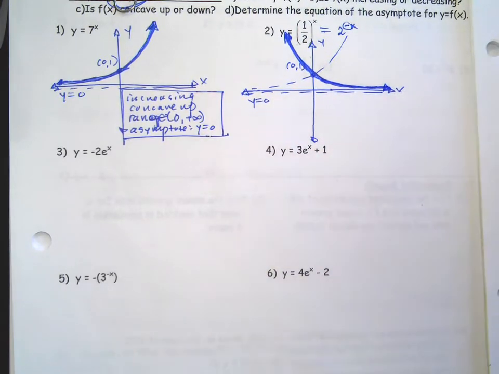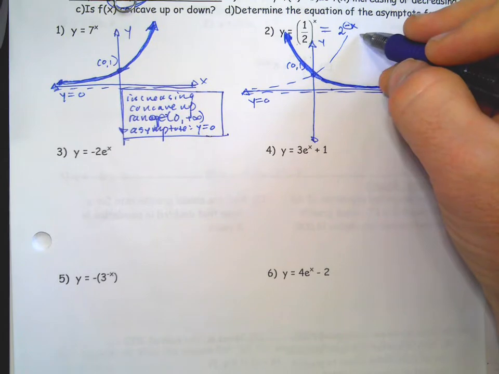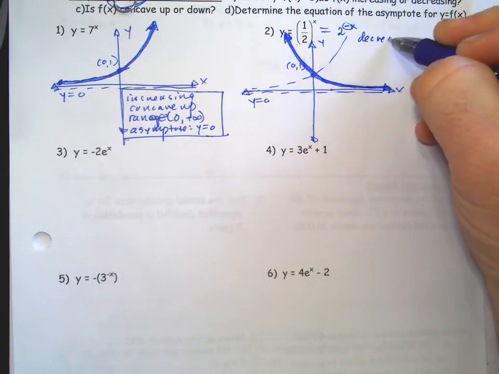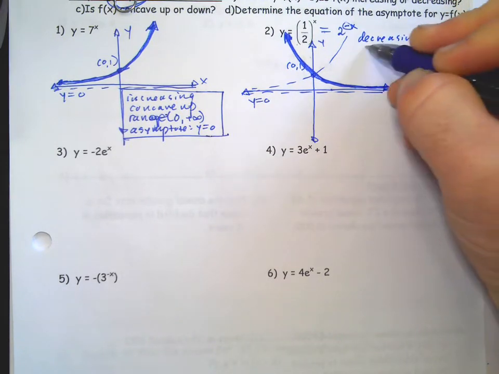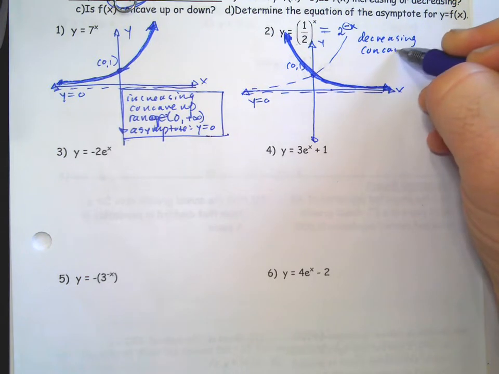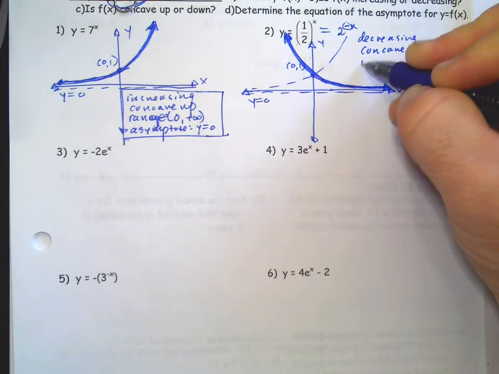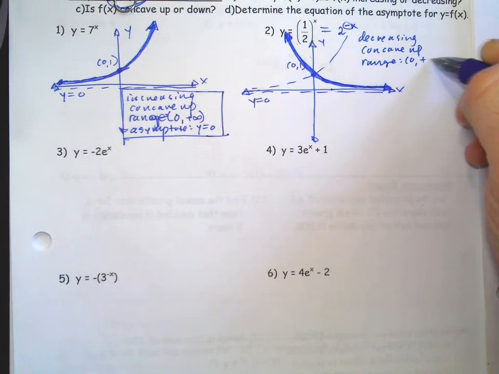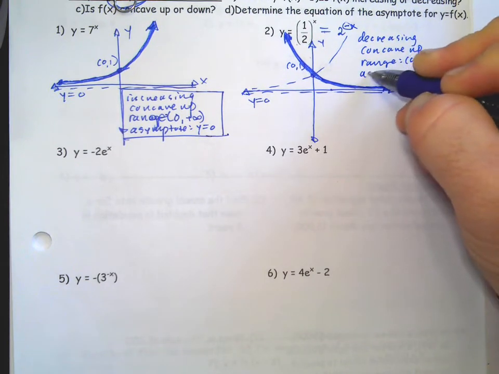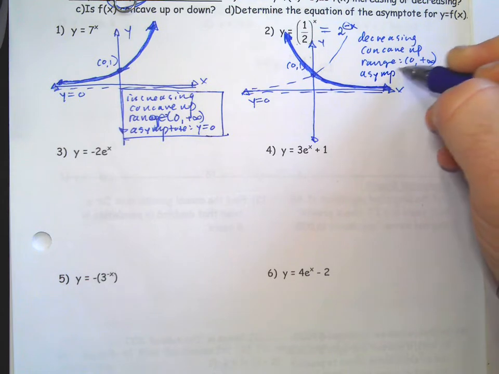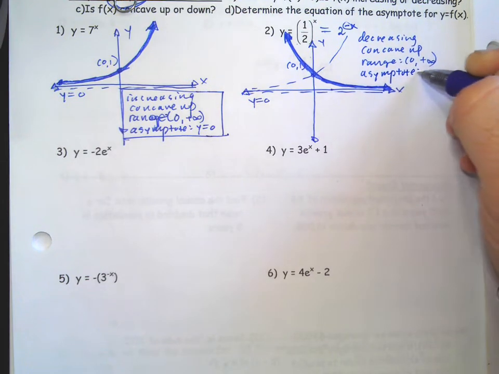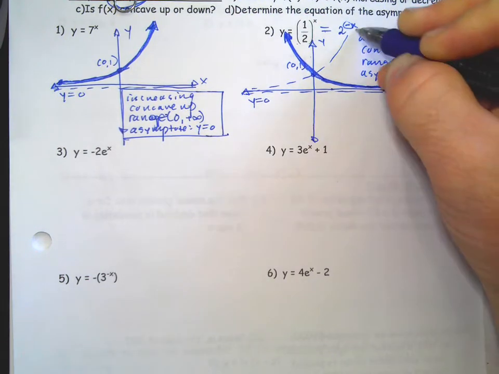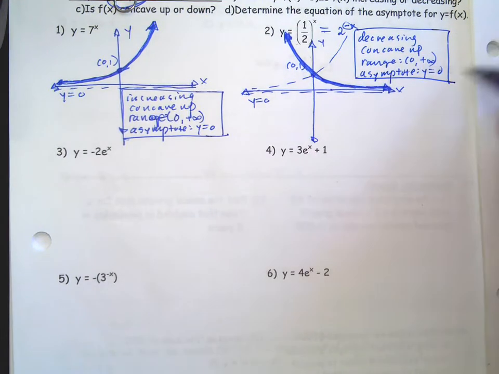So this is decreasing, concave up, and the range is 0 to positive infinity, and the asymptote is y equals 0. So there you go. That's what we're doing for each of these.